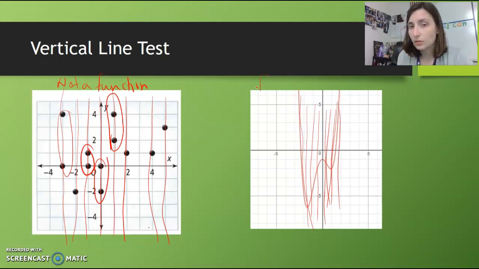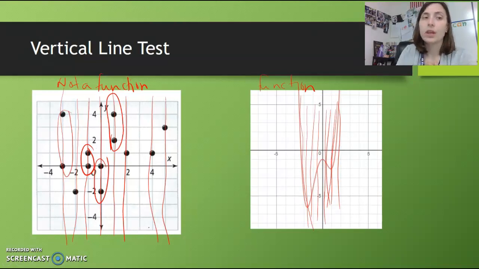And so this one is a function. Again, a little harder to tell because of how far out the grid is. But if I draw those vertical lines, I'm not touching more than 1 point on that graph at a time. And so each vertical line, or each x value, has only one y value, and that's what we're looking for.